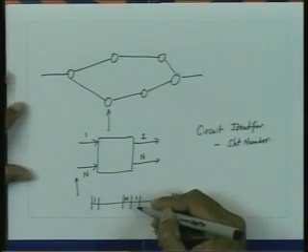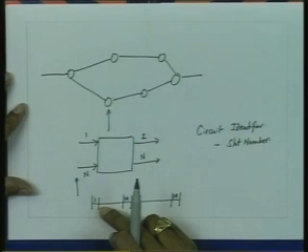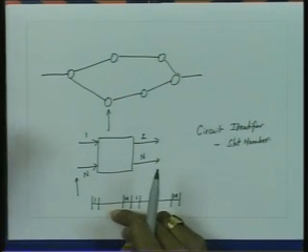Now each user has been given, let us say, a designated slot, and he is allowed to transmit his bits in that slot of every frame. So let us say user number 1 has been given slot number 1, then he transmits his bits in slot number 1 of frame 1, then slot number 1 of frame 2, and so on.